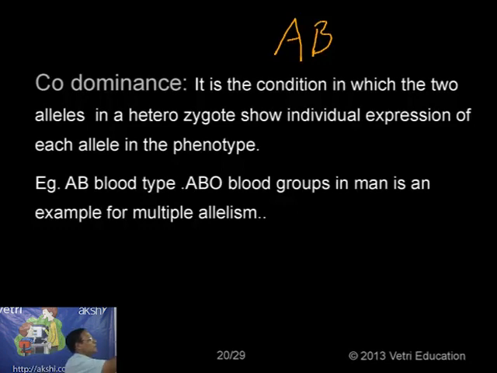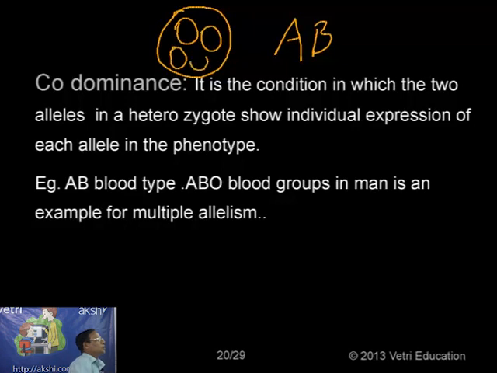For example, I am representing blood group in a simple way. This is a sample of blood. The small circles represent the RBCs.